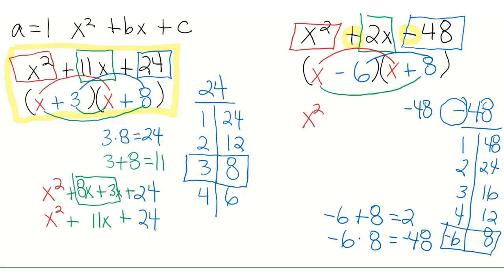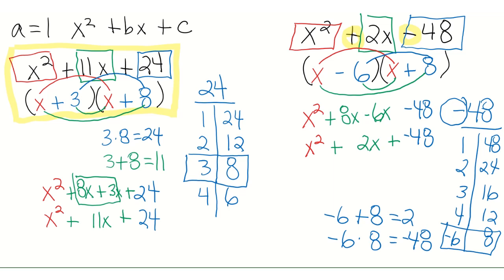I'm going to do my outer, x times 8, and then the inner, minus 6x. 8x minus 6x, that's going to give me 2x. And I have my correct equation.